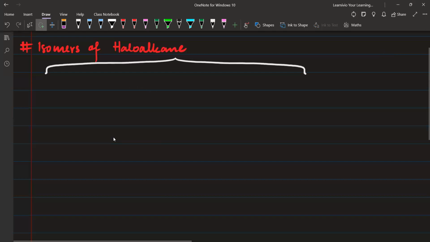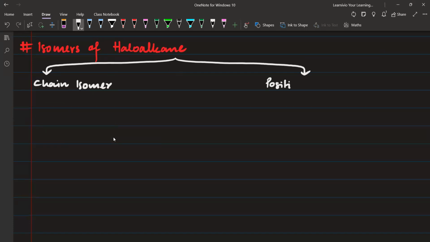So basically, we are going to discuss two different types of isomers. One is known as chain isomer. The other is position isomer. Now, what is a chain isomer? The chain will be different.